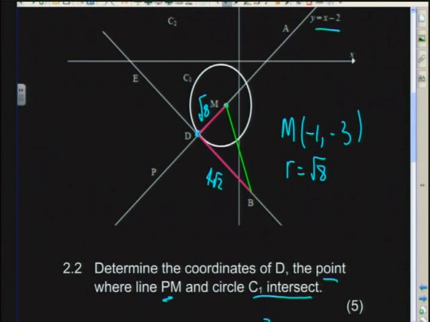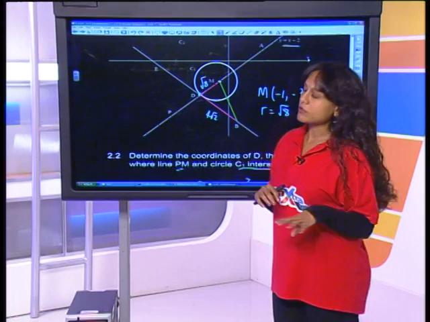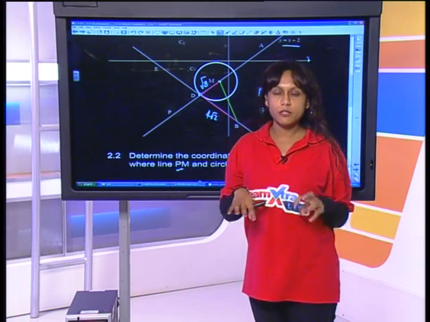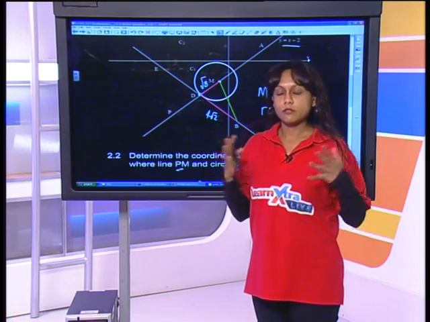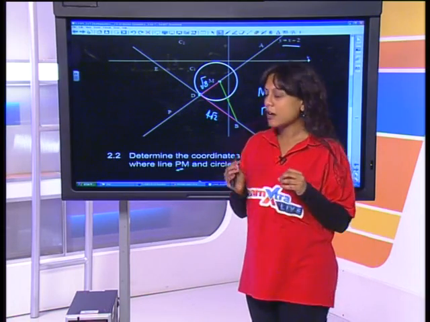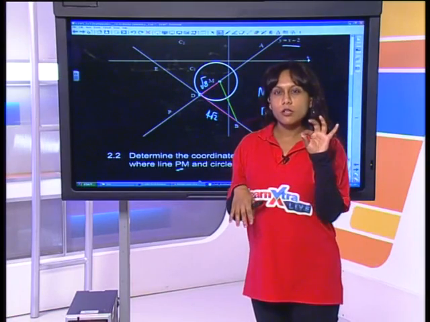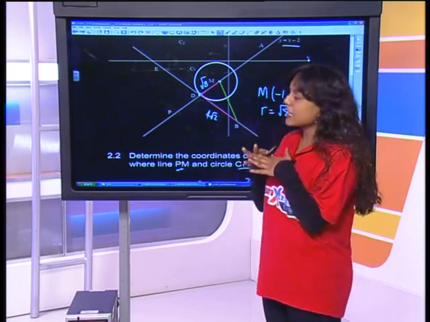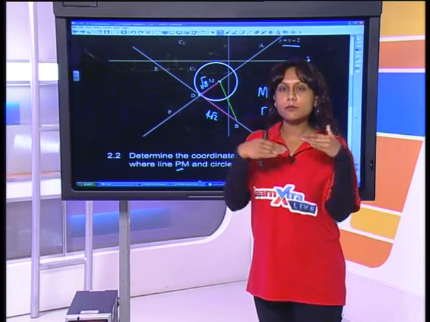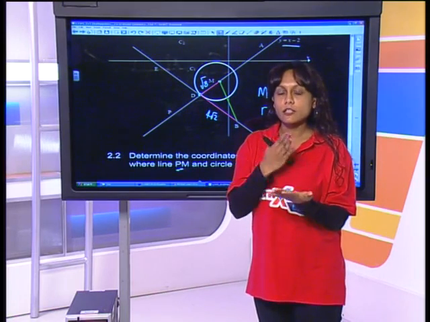They want us to find MB. Okay, guys, this is going to require just a little bit of geometry, which you should know by now: the line drawn from the center of the circle is perpendicular to the tangent. So the radius is perpendicular to the tangent at the point of contact.